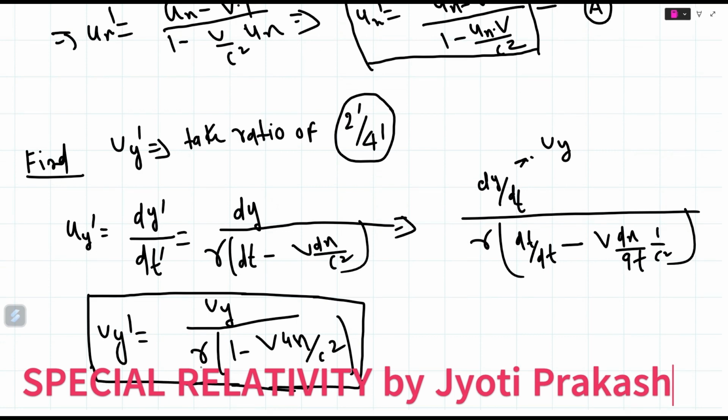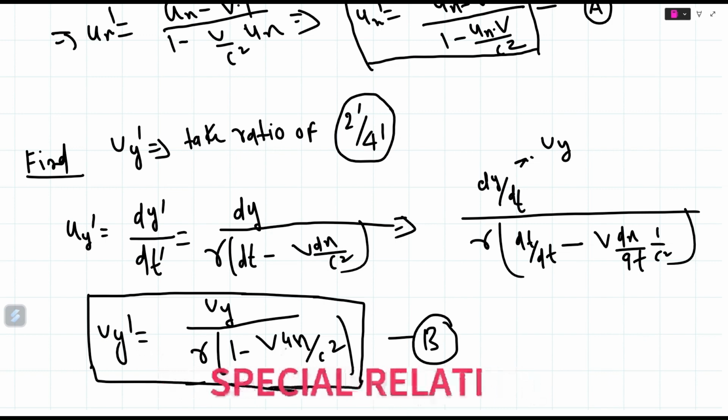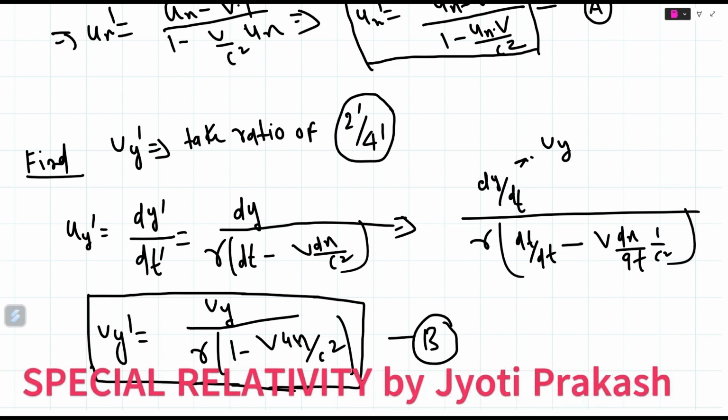Call this equation B. Here you can see that in the S prime frame, the x component of the particle's velocity is also included, so it affects the y component too, not only uy.